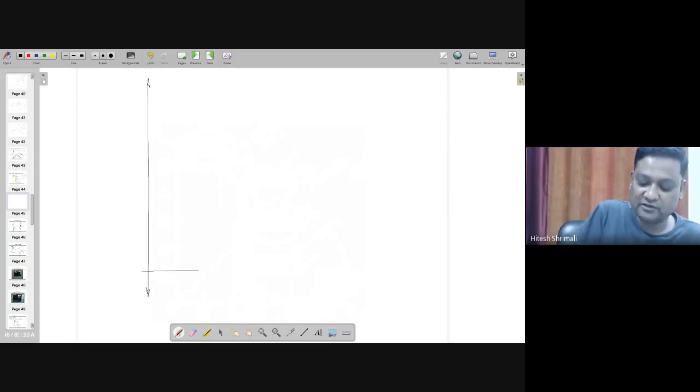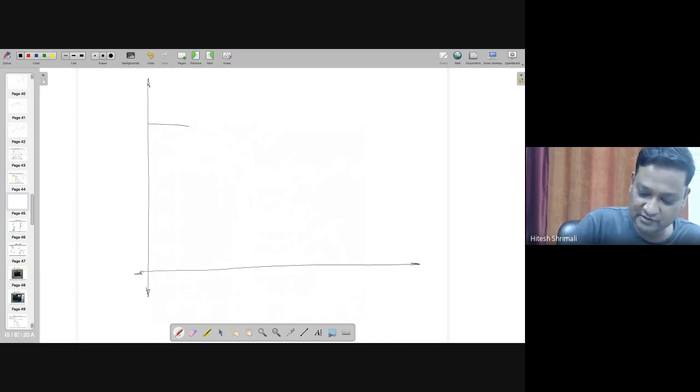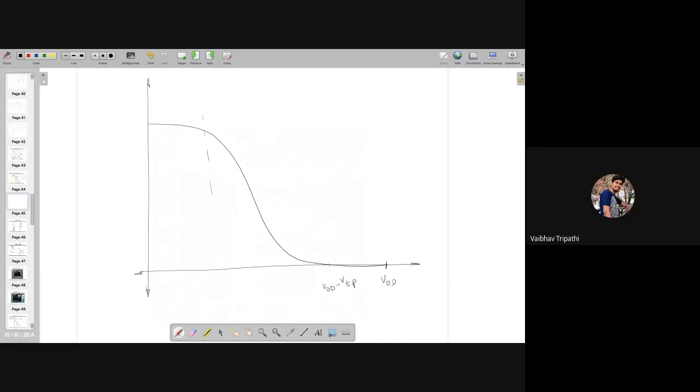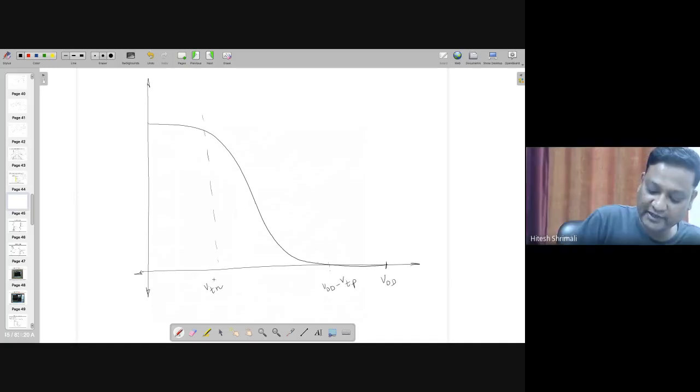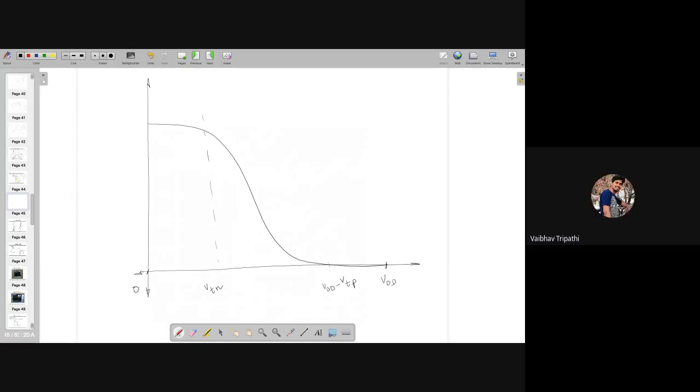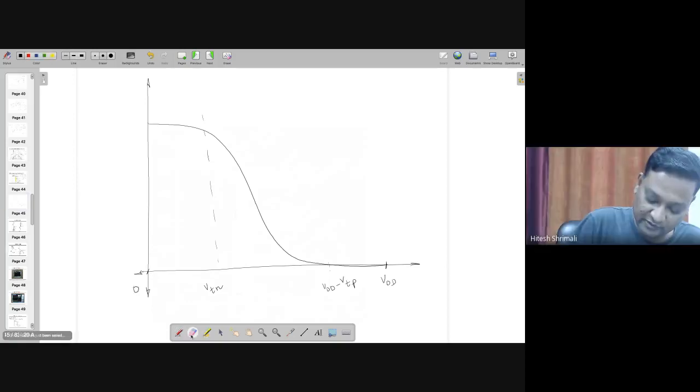If you want to have a universal kind of characteristic, this is going from 0 to VDD. This might be somewhere VDD minus VTP. This might be VTN, and this is 0. Or you can write down, even not 0 if you wish, you can write down VSS.